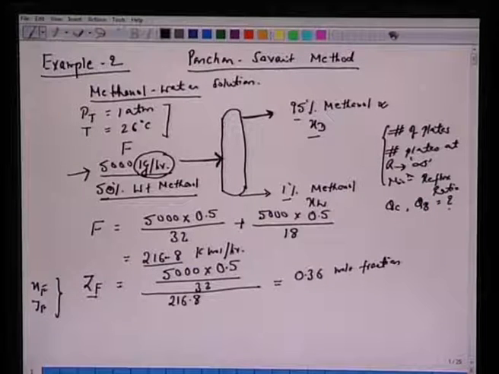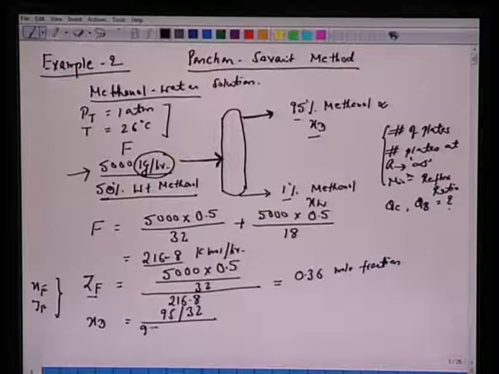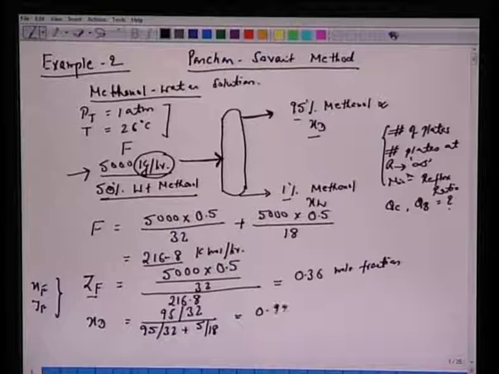of methanol. All right. Similarly, XD is 95%. Then in mole fractions, we can convert this into 95 over 32 divided by 95 over 32 plus 5 over 18 to make it 0.92 mole fraction.